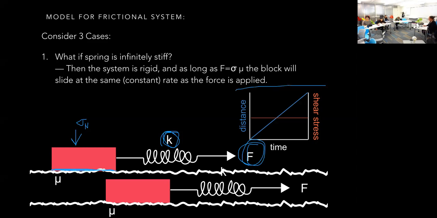So in this case, if you look at my little plot here, with time, when you pull that brick along at some constant force, you'll get a constant velocity, so the brick just moves linearly with time. And that also means that the shear stress is going to be constant, so the shear stress stays flat here. And the value of that shear stress will be whatever shear stress is exactly required to move the brick. Okay. So that's our one end member.